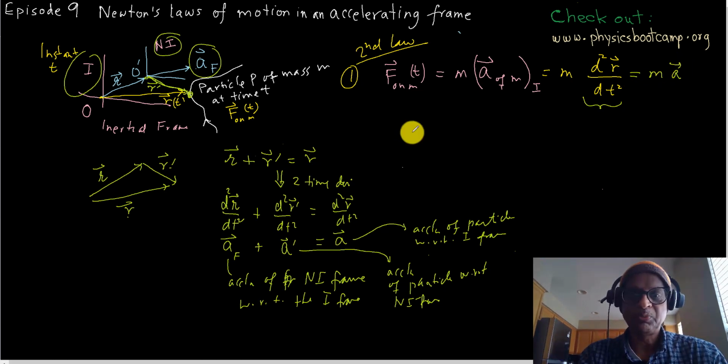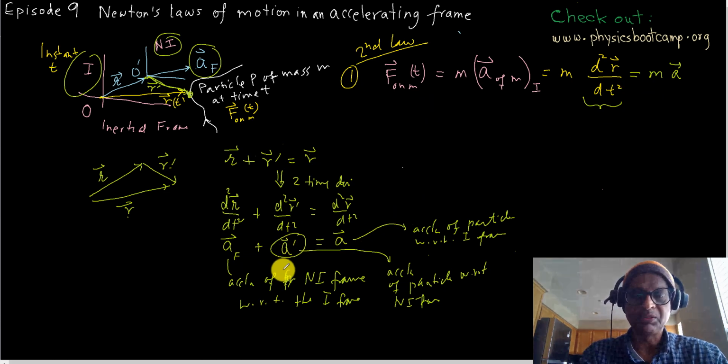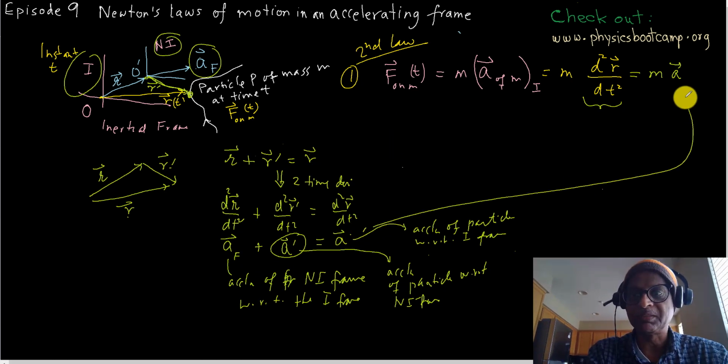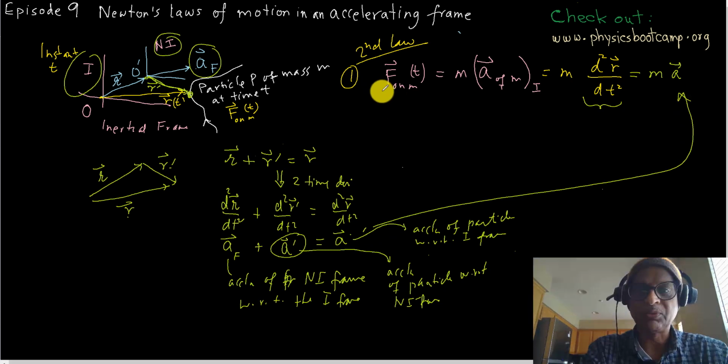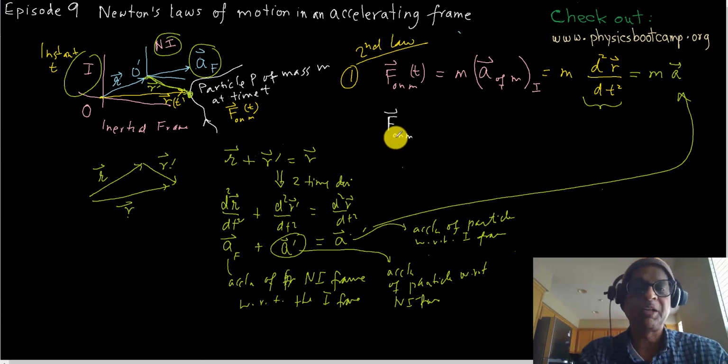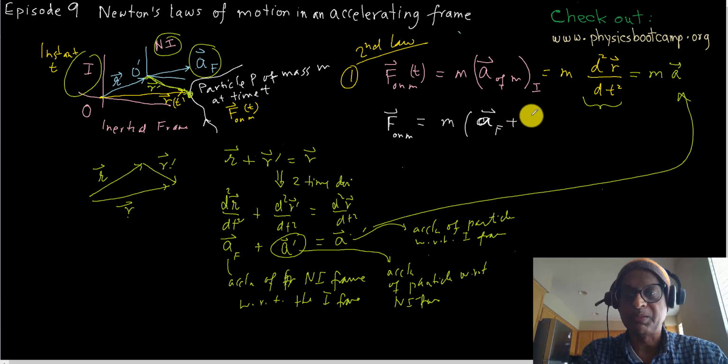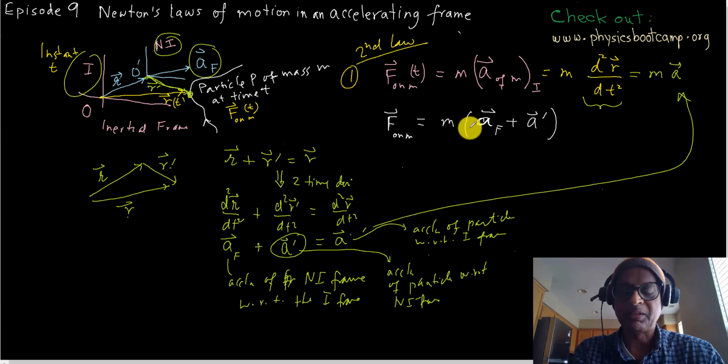So we know we can use this and just plug it in there, and we're going to get an equation. On the left side is going to be the force on object M, which is the same in every frame. Mass times the acceleration of the frame plus the acceleration with respect to this frame of the same particle.